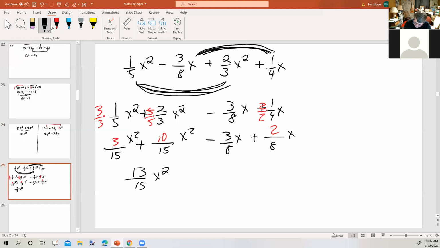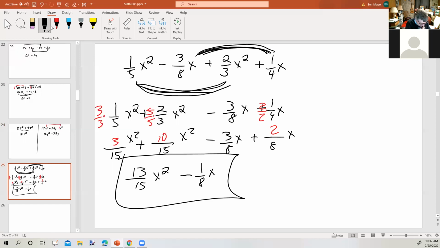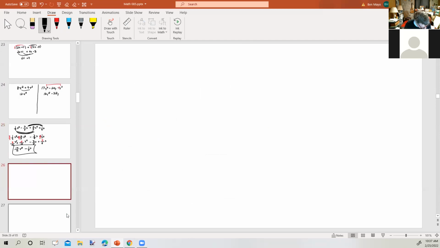Minus 3/8 x plus 2/8 x would be minus 1/8 x. And so that is our final answer with combining like terms. Okay, any questions there?